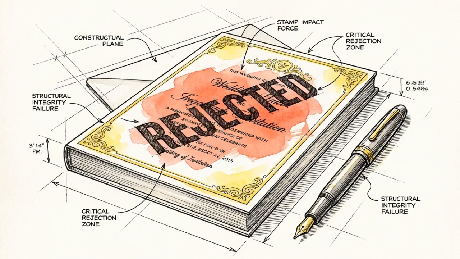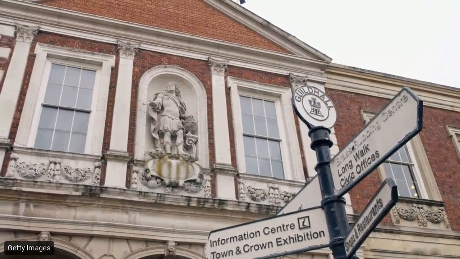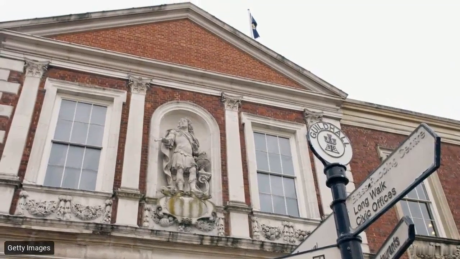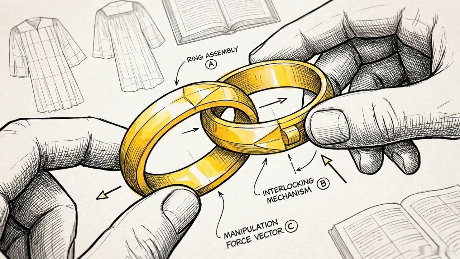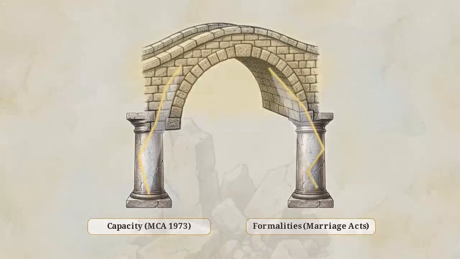When Prince Charles married Camilla in 2005, the civil ceremony had to be relocated here, to the Windsor Guildhall, because licensing Windsor Castle meant opening it to the public for 3 years. And finally, the ceremony must be conducted in the presence of an authorized celebrant, such as a registrar or a recognized religious official. A valid, legally recognizable marriage exists exclusively when both pillars, capacity and formalities, are completely compliant.